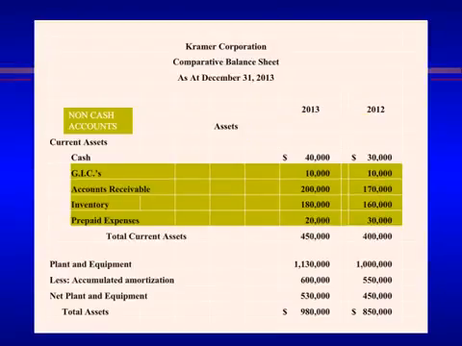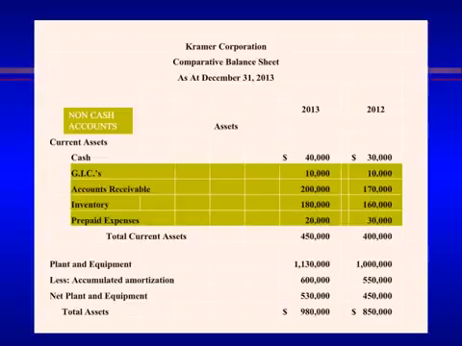Okay, on our balance sheet, to construct the operations portion of the cash flow statement, we've already got the income and the amortization. We're going to look at GICs. Those are current accounts, along with accounts receivable, inventory, and prepaid expenses. We're not looking at the cash. The cash is something we're trying to figure out, where it came from and where it went. So the GICs, no change. Don't have to worry about those.